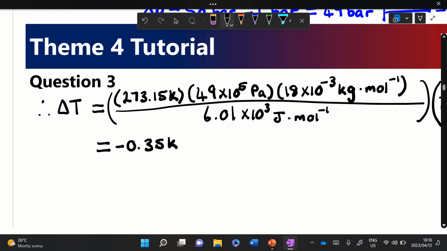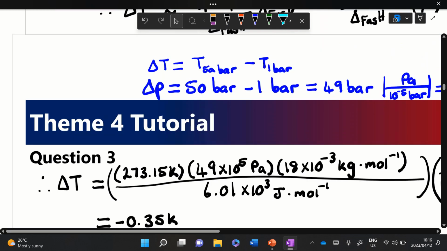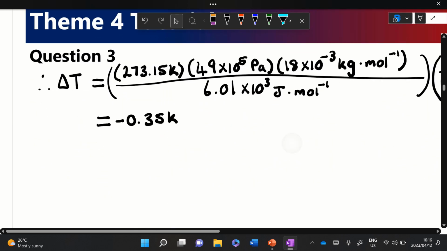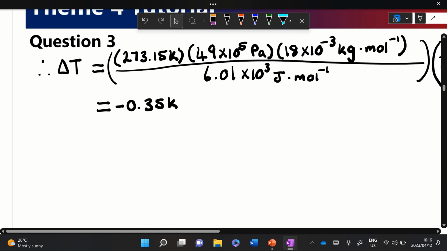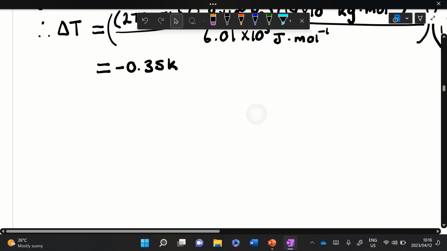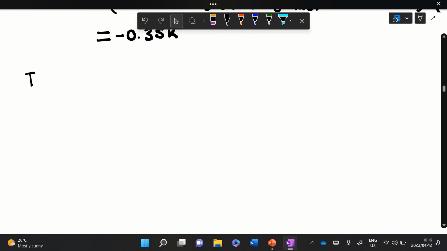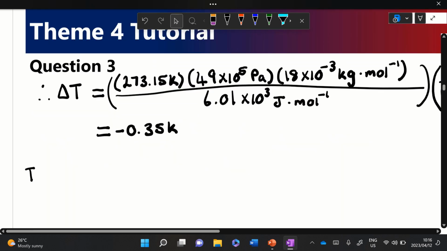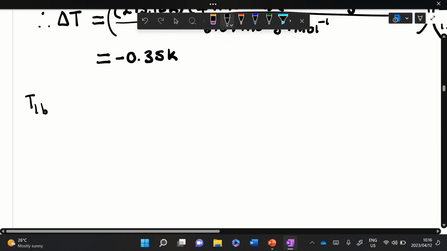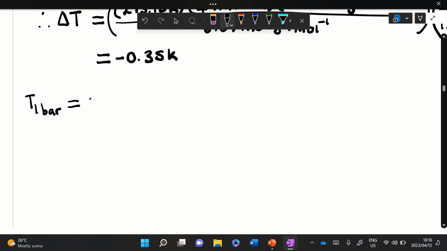All right. So then if we take the standard boiling point, so in other words, the T at 1 bar to be 273.15 Kelvin.